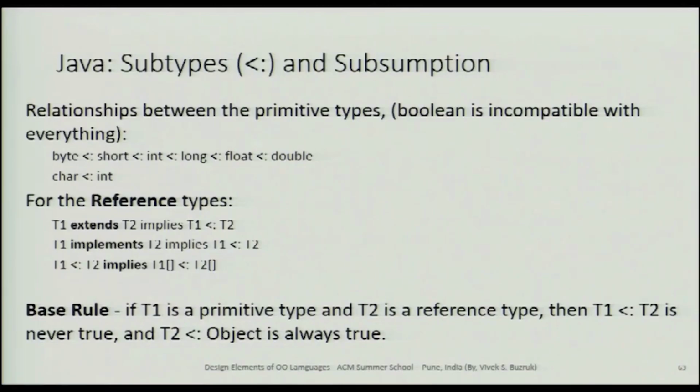Okay, that is always true, but remember that you cannot replace list of object by list of T2, that will not work. Try it out. In certain cases it will work, but in many cases it will not work. We will see that part later.